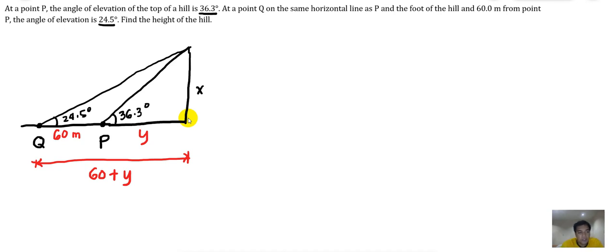We are given an opposite and an adjacent side, so we will use the tangent function to formulate our first equation. So tangent of 24.5 degrees is equal to the opposite side x over the adjacent side 60 plus y.